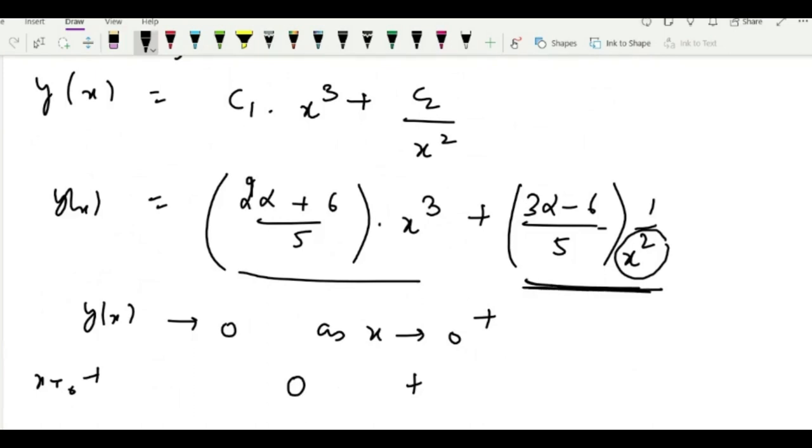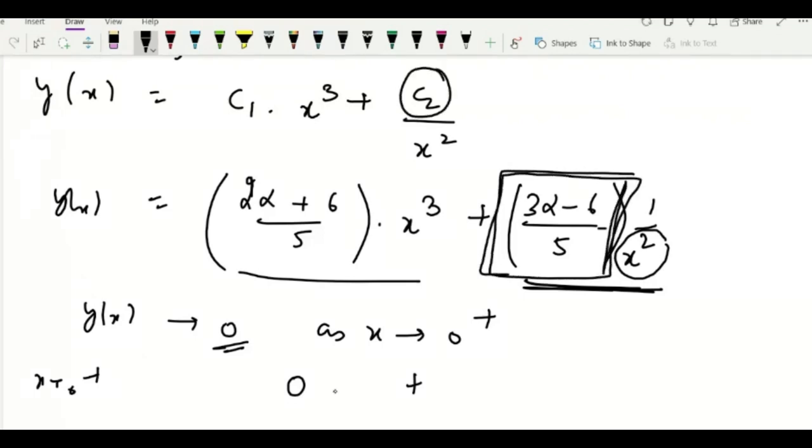So by this part, we will not approach 0. So for approaching 0, we have to take this constant as 0. We have to take C2 equal to 0, because this part is making it infinite. We have the only option of choosing the constant as 0.